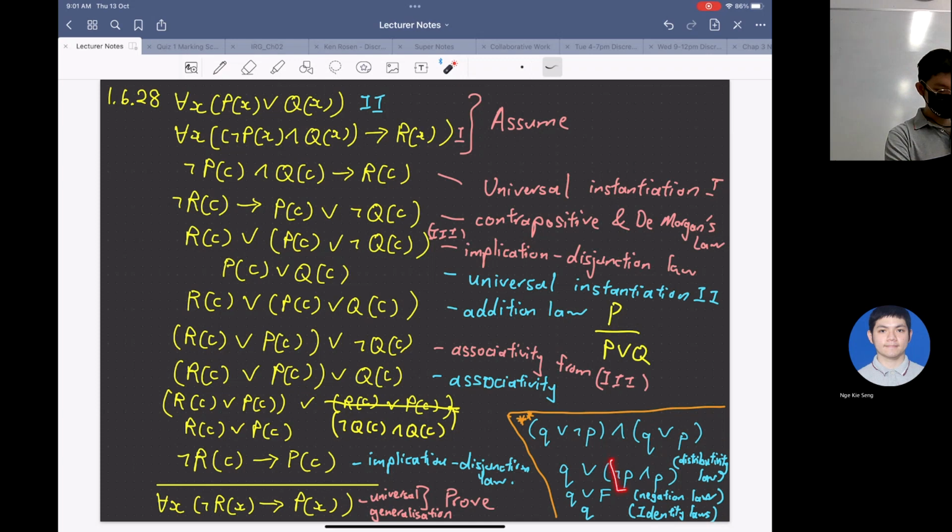Then you will get a true statement disjunction with a false statement, which is the contradiction here. And then you can use the identity law to get the Q back, which is what we want. I'll update the docs later.